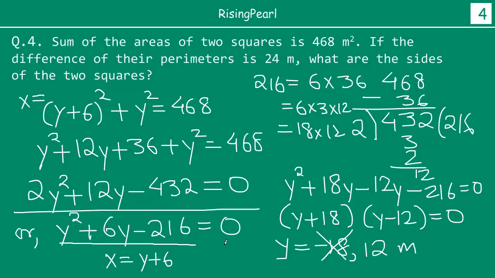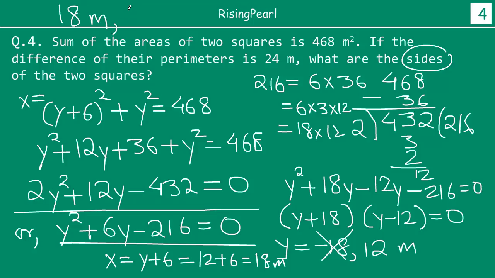Let's do it here. y plus 6, y is 12 plus 6 equal to 18 meters. So what are the sides of the two squares? The bigger square is 18 meter and the smaller square is 12 meter.